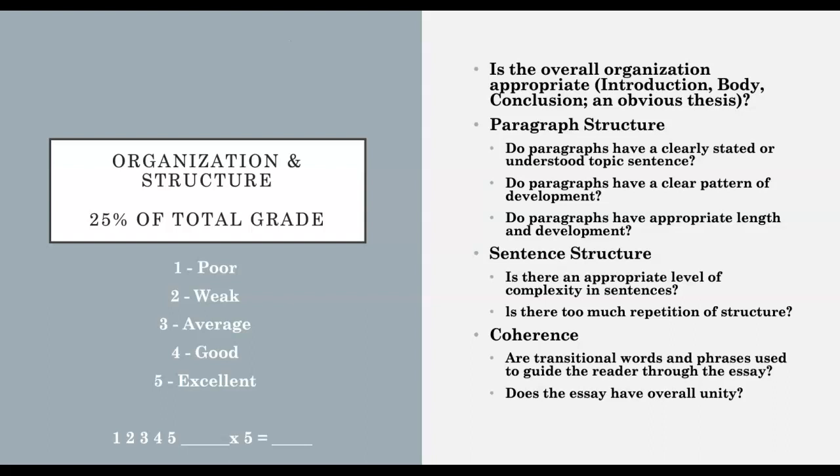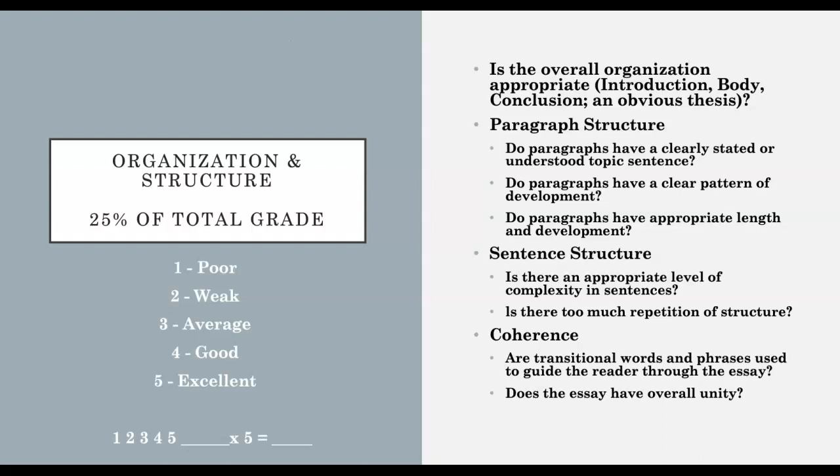Sentence structure. I look for a complexity of levels of sentence structure. So, in other words, you're not writing sentences that are all the same, which comes in with the repetition. If an essay is, I went to the store, I bought bread, I came home, I made a sandwich, you're boring a reader who is obviously a college audience.